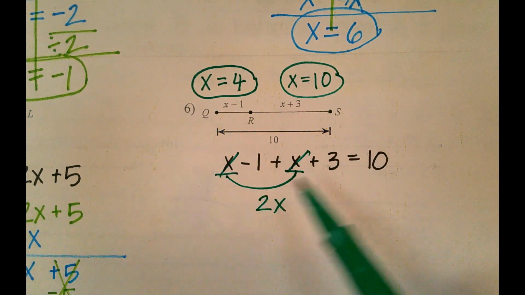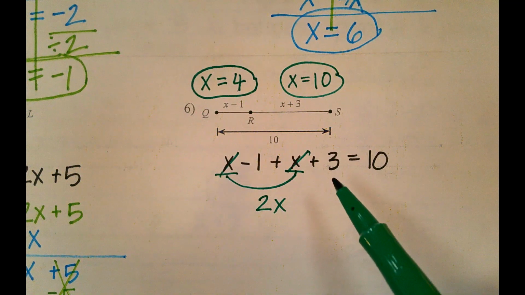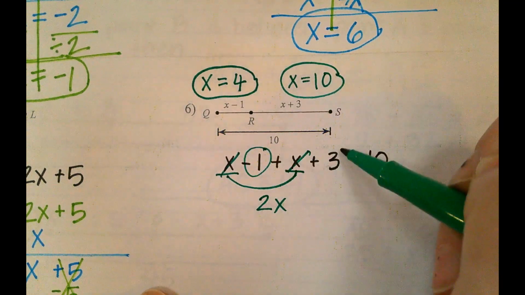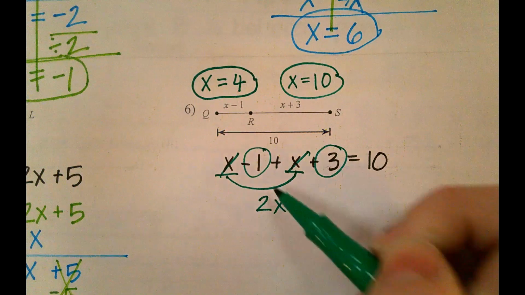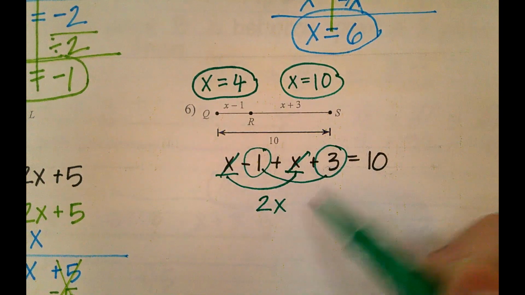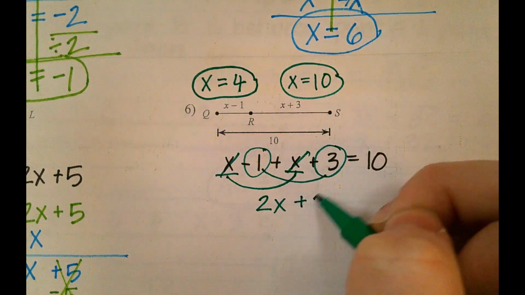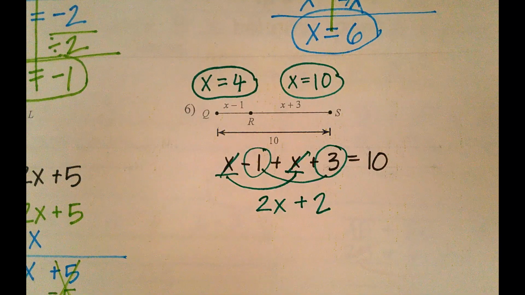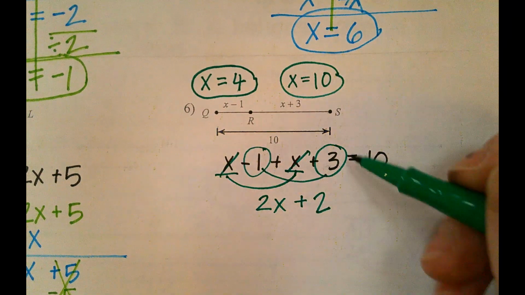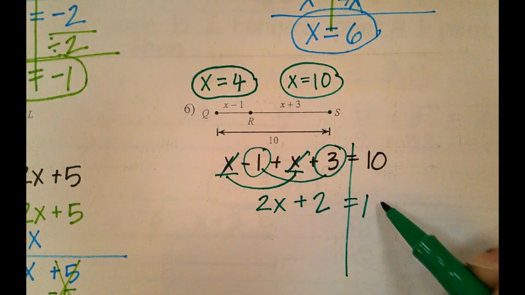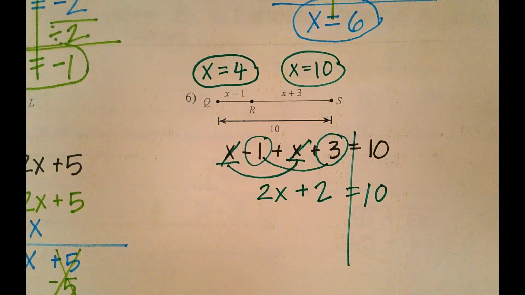Okay, so -1 and 3, right? What did you get there? 2. Okay, that's right. 2x plus 2. What do we bring down? Equals 10. Okay, so now what do we do from here? What did you do?